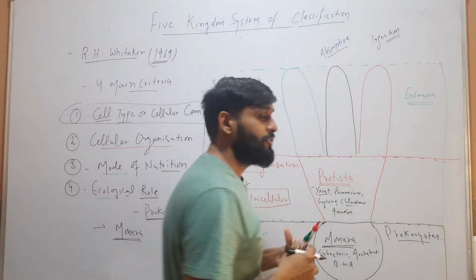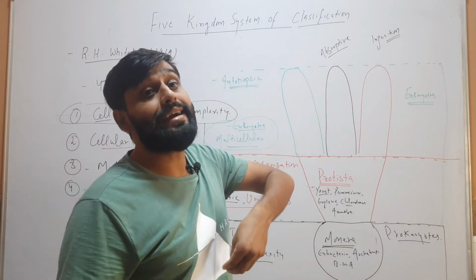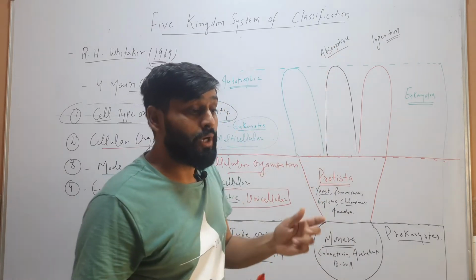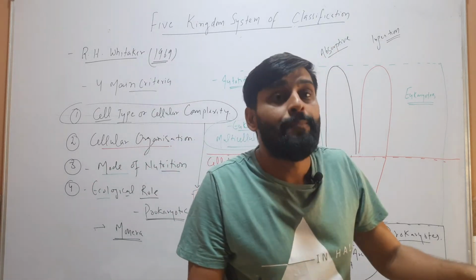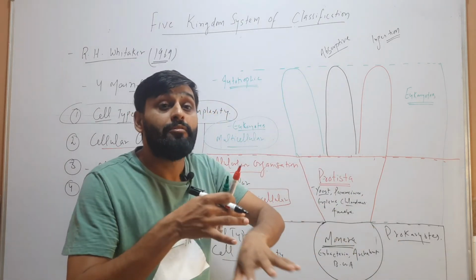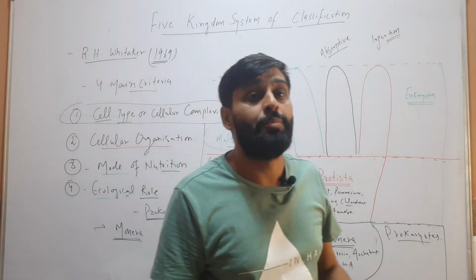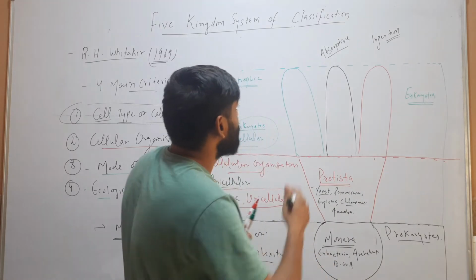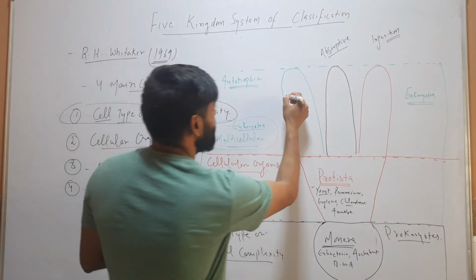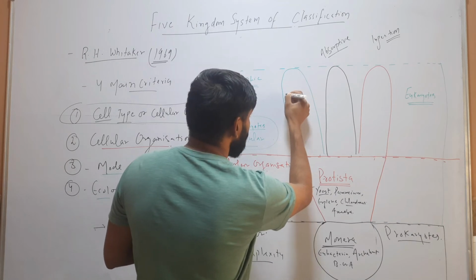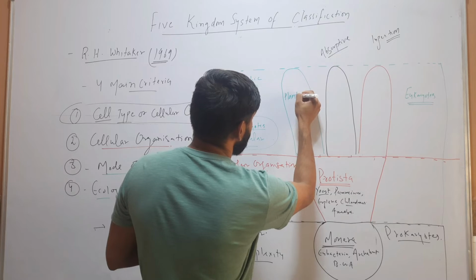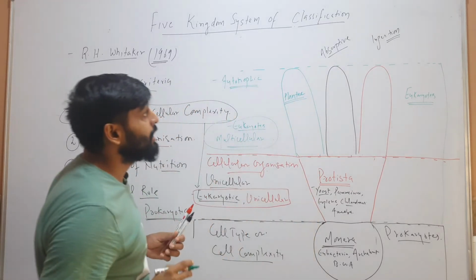In case of ingestion, the organism will first ingest the food and then digest it. But in case of absorptive, the organism will first secrete digestive enzymes outside their body, and these digestive enzymes will break down the food into simpler form, then they will absorb it. So autotrophic mode of nutrition is found in plants, so it was given the name kingdom plantae.